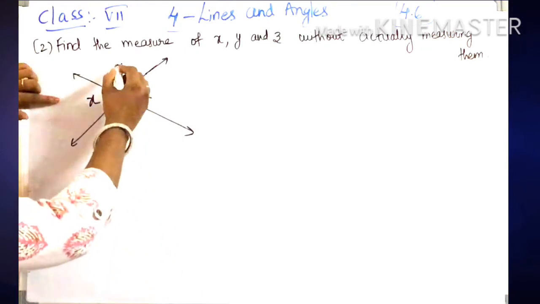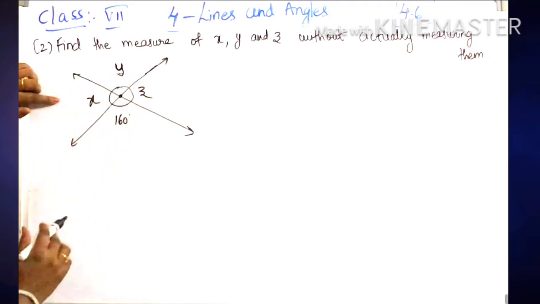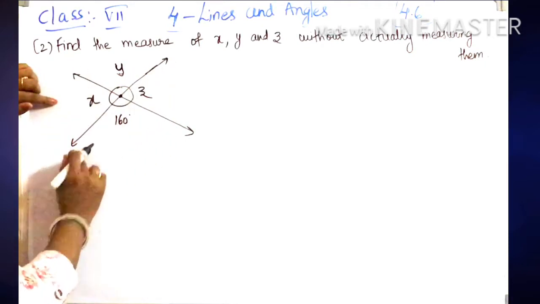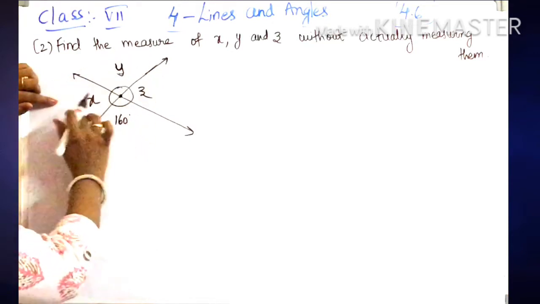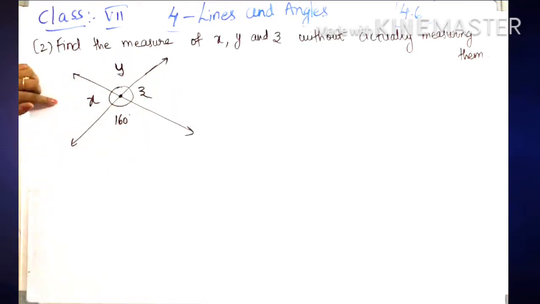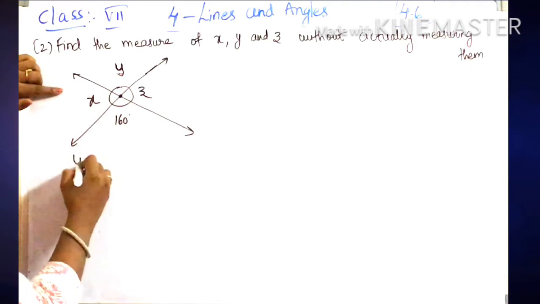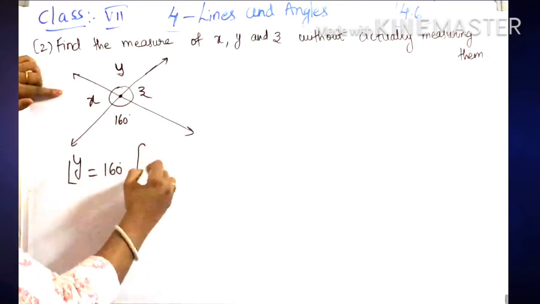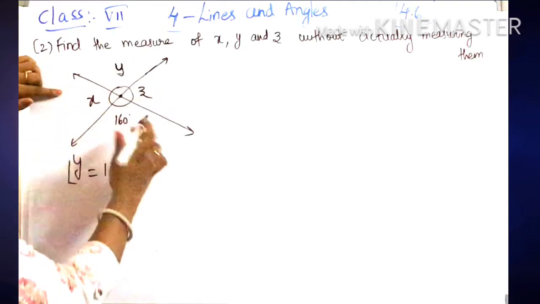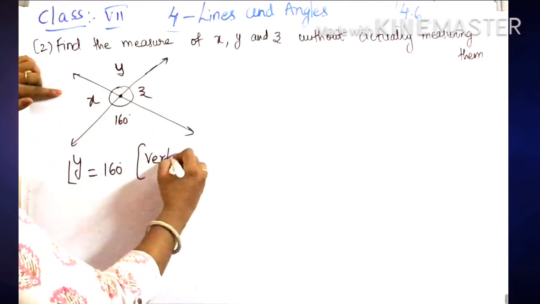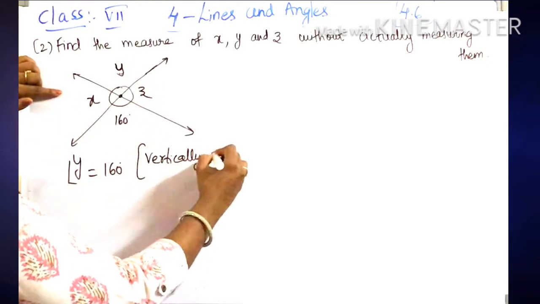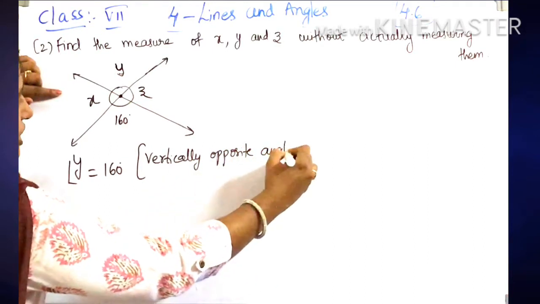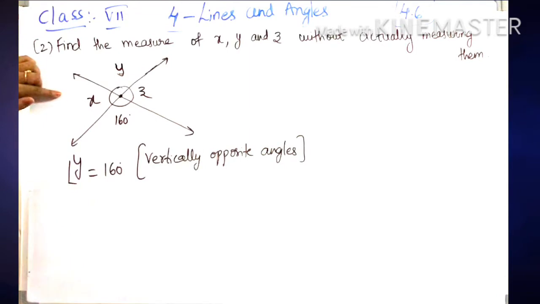If you observe, what are vertically opposite angles? When two lines intersect, the angles which are formed opposite to each other are called vertically opposite angles. So here, angle y equals 160, because y and 160 form vertically opposite angles, and always vertically opposite angles are equal.